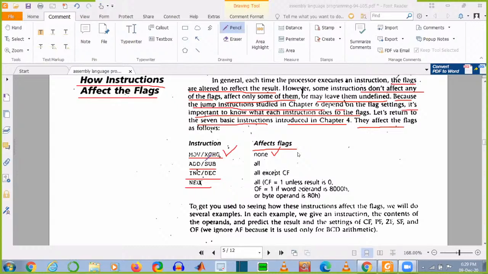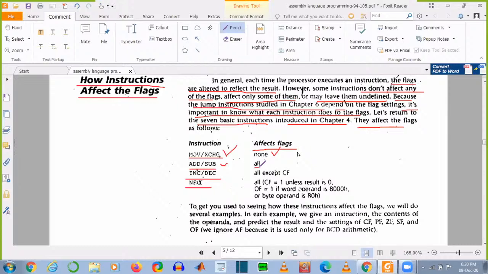Now, when you go to the add and sub instructions, it is said that add and sub instructions affect all of the flags. That means if there is overflow, then the overflow flag will be 1. If there is a carry out from the MSB, then the carry flag will become 1. If the result is negative, then the sign flag will be 1. If the result is 0, then the zero flag will be 1.